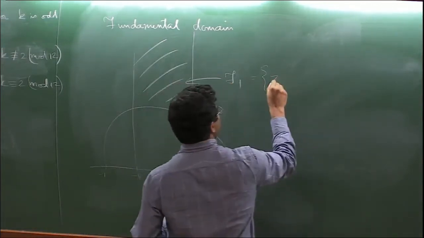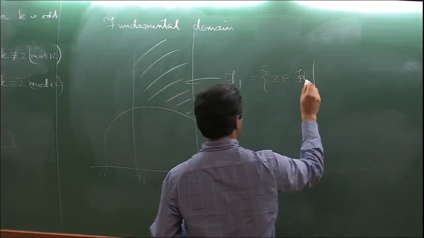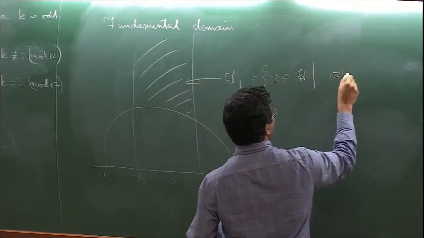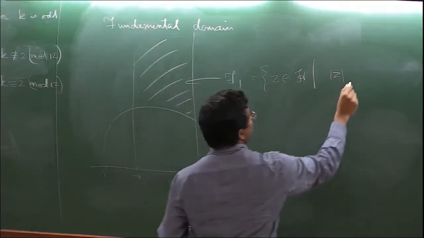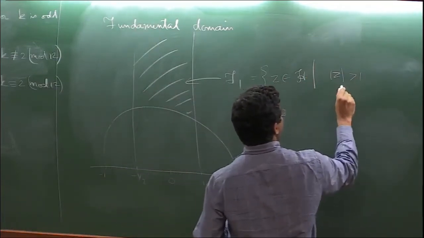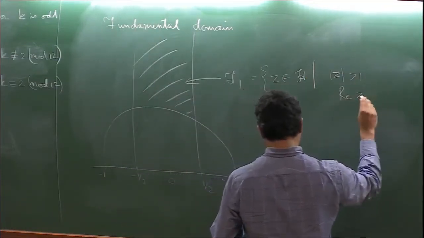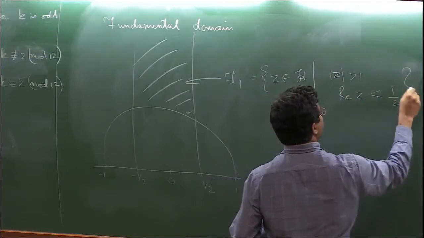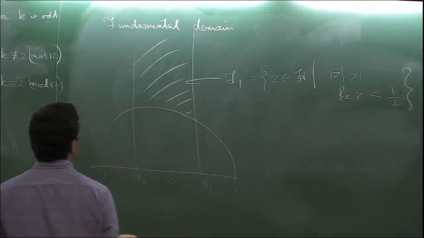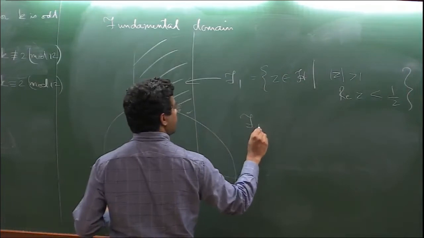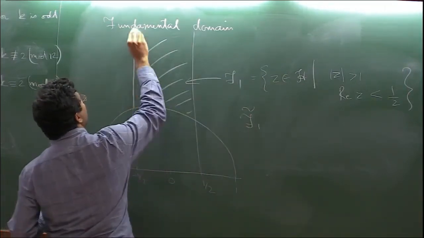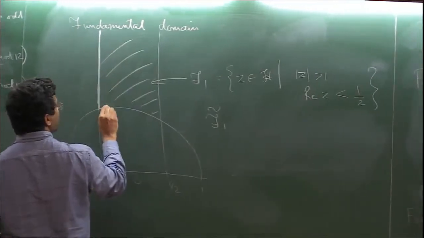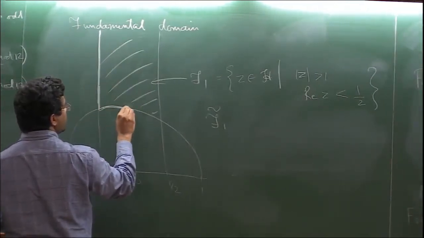And this is just all z in H such that the modulus of z is bigger than 1, and the real part of z is less than half, and you should also include this boundary.